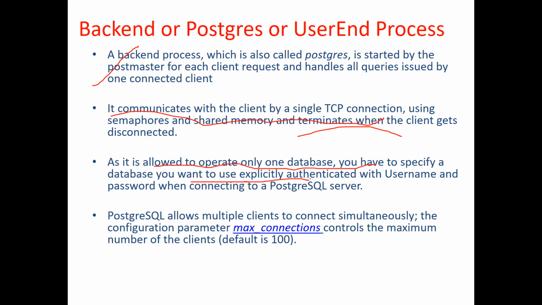One connection, one database. Next time you want to connect to some other database, you have to make a new connection. Databases might share the cluster, the memory, the files, but logically they are different entities, so you cannot connect across databases, like calling another database from one database. This is not feasible.